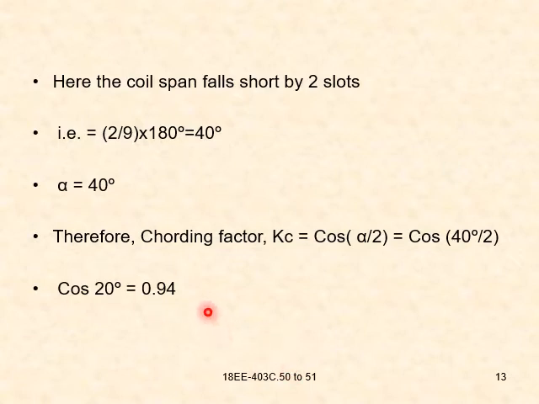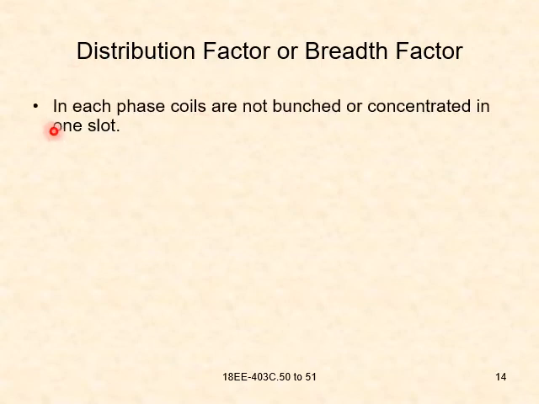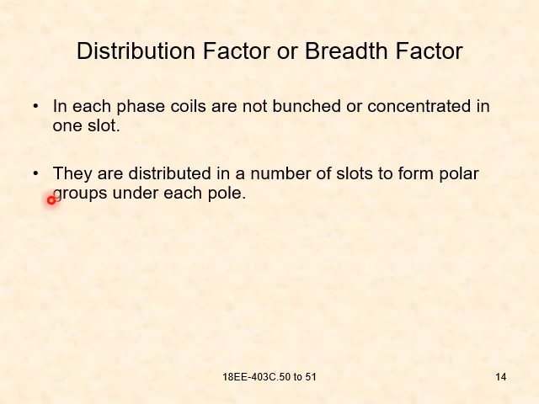So this is about the pitch factor or cording factor. Now we'll move on to the distribution factor or breadth factor. It is denoted by Kd, K suffix d. In each phase, coils are not bunched or concentrated in one slot.